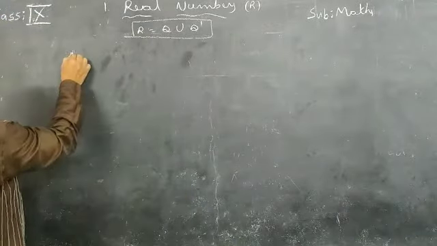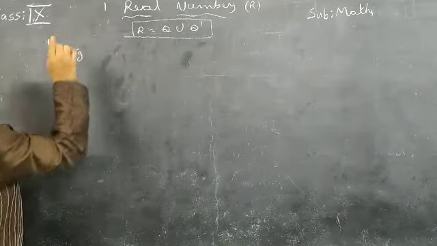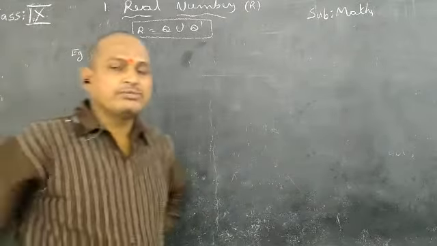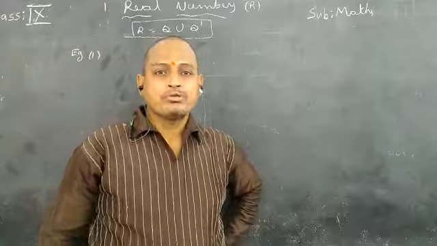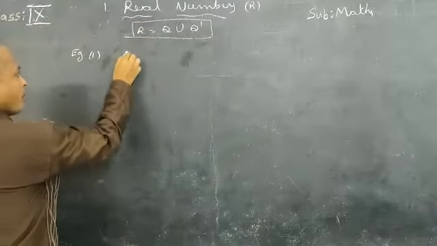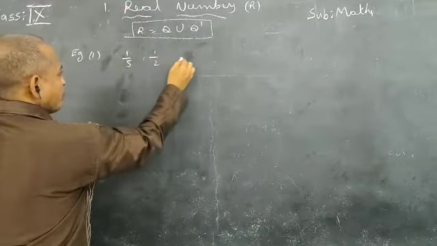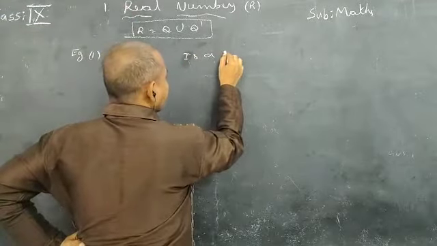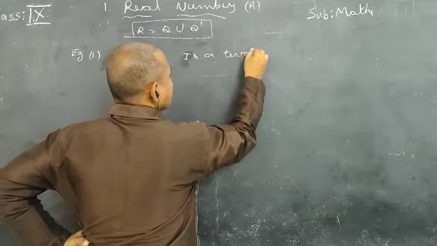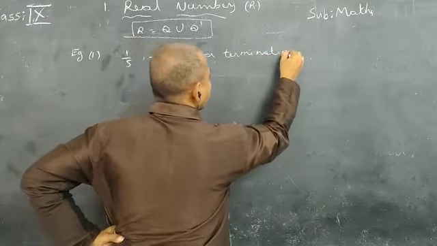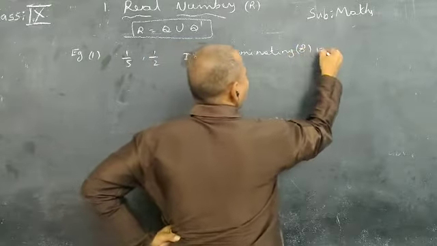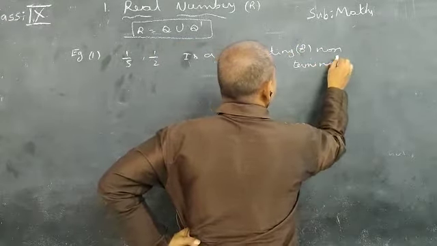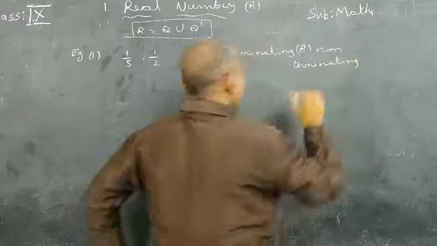For example, terminating and non-terminating decimals in the division process, children. So for example, 1 by 5 and 1 by 2: are they terminating or non-terminating? What is a terminating decimal?